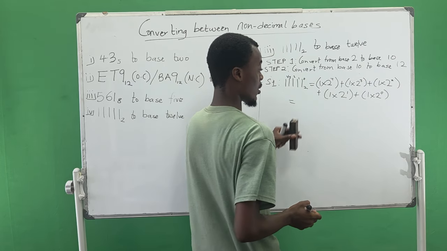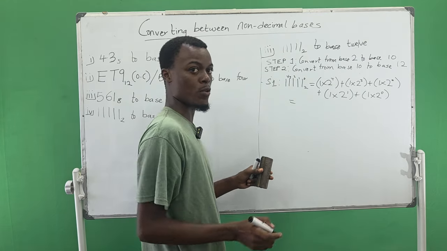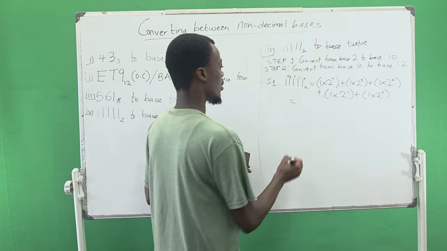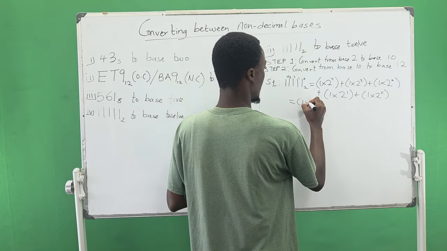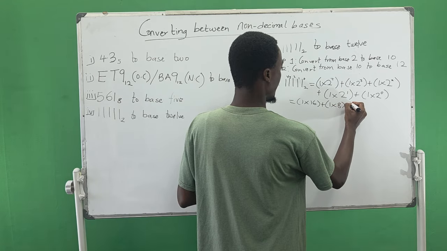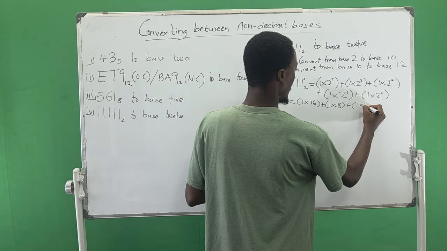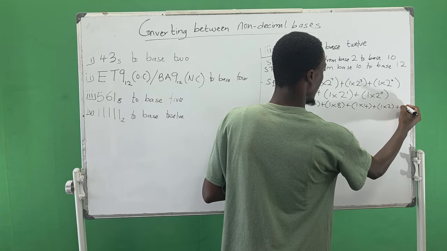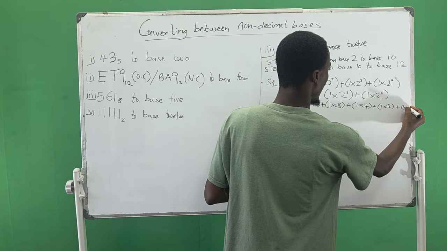Now this one, 2 exponent 4, 2 times 2 times 2 times 2 is 16. So the first one is 1 times 16 plus 1 times 8 plus 1 times 4 plus 1 times 2 plus 1 times 1.